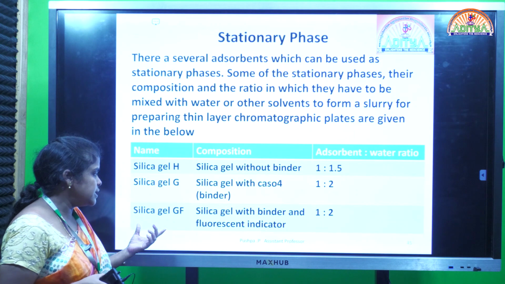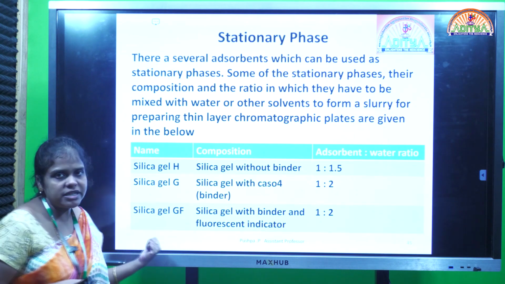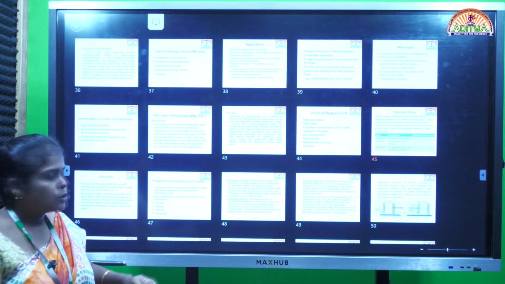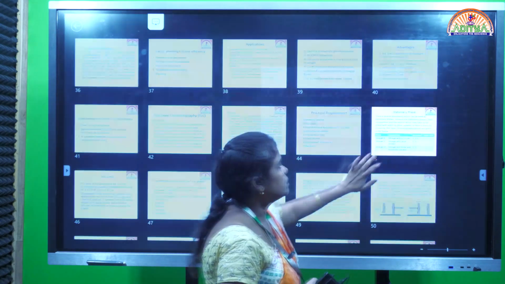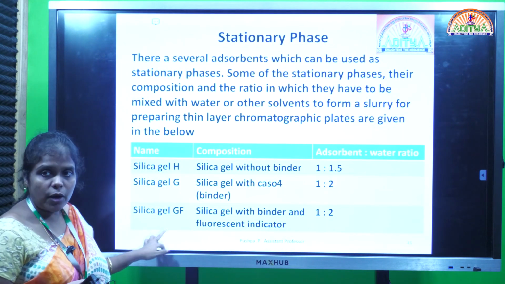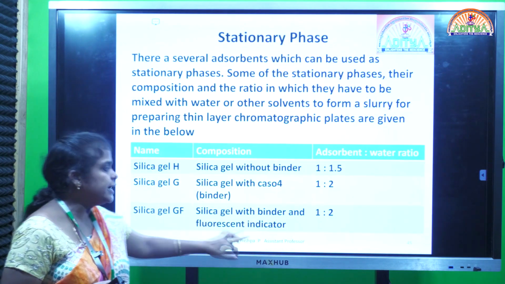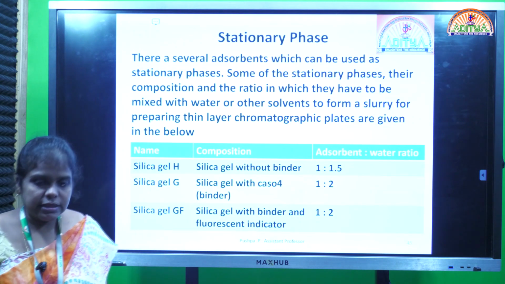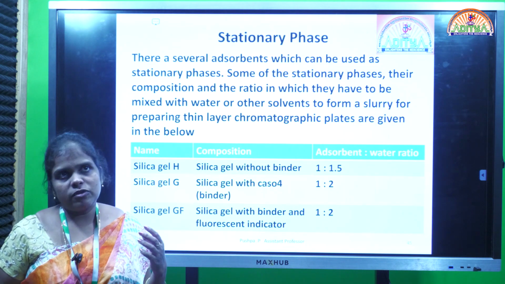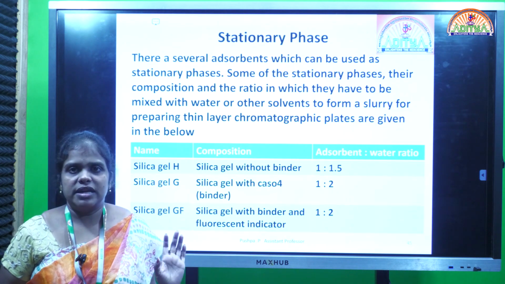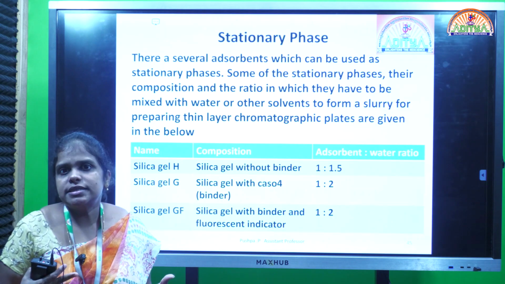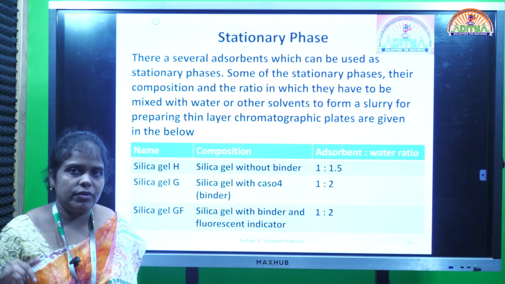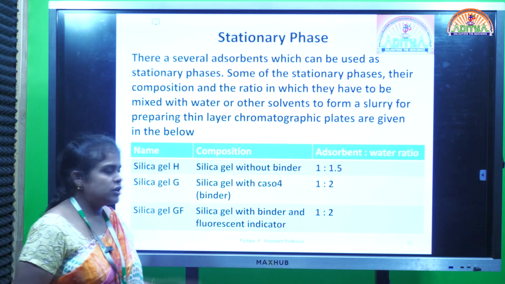Okay, and the other thing is silica gel GF. GF, in the name itself, denotes silica gel powder plus binder, and then F means fluorescent indicator. For a few types of samples, if they are very complex or have a fluorescence exhibiting property, for those components we can use the fluorescent indicator also.